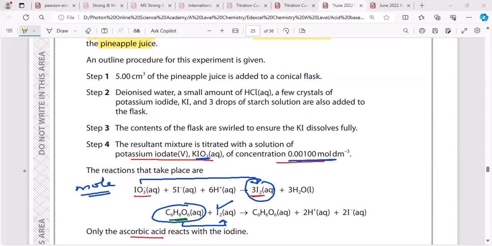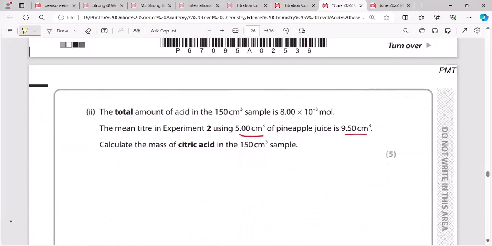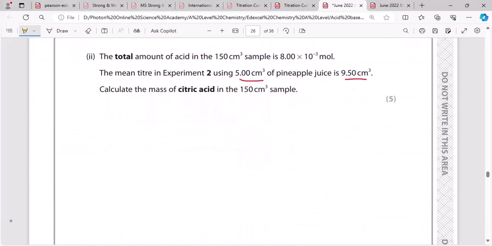Let me do it. First, I need to use this concentration. Why the concentration of iodate ion? Because I need moles of iodate ion. Come back to this question. Here, the mean titre in the experiment, so this is the mean titre. I'm going to use the mean titre here.